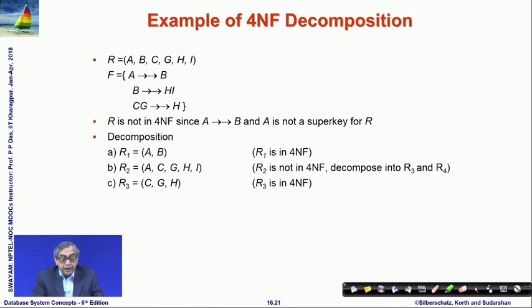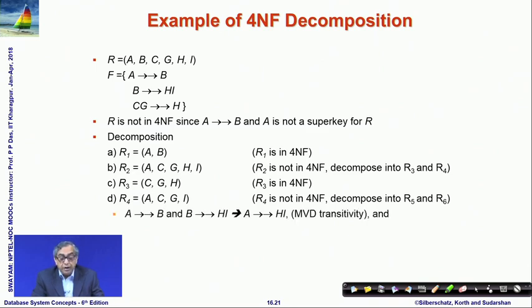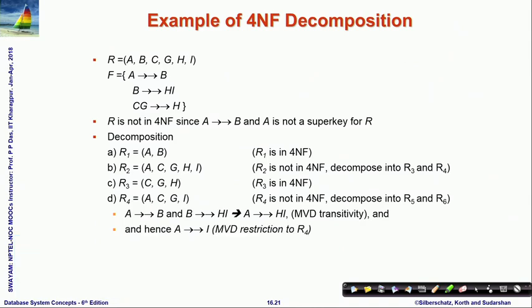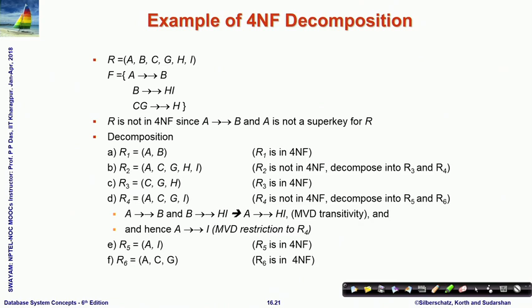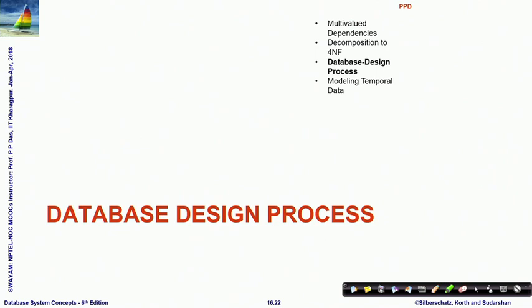So, you decompose into R3 which is in 4NF and R4, again R4 is not in 4NF. You decompose R4 into R5 and R6 and work through that, and you will be able to see that R5 is in 4NF and R6 also is in 4NF, which gives a complete multi-valued decomposition of this whole set.